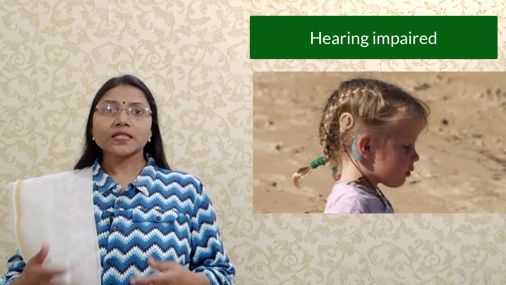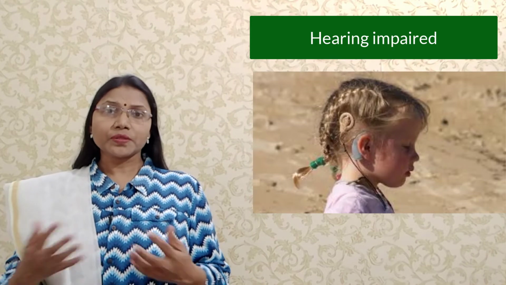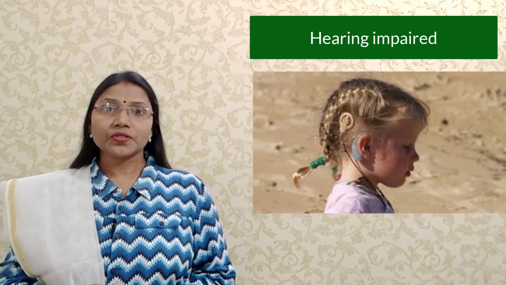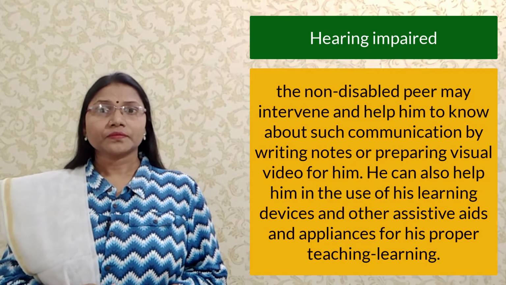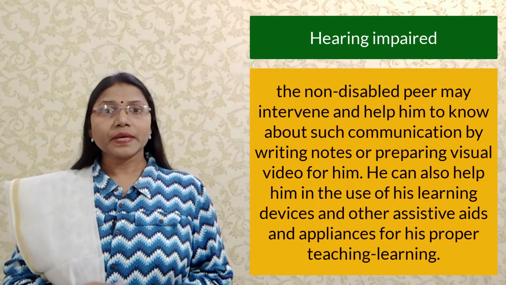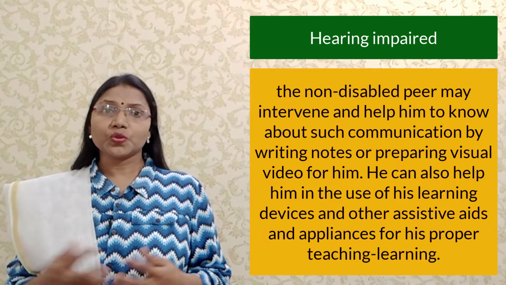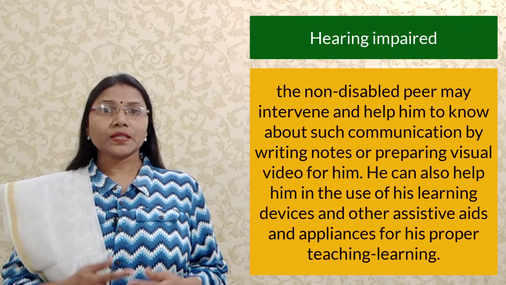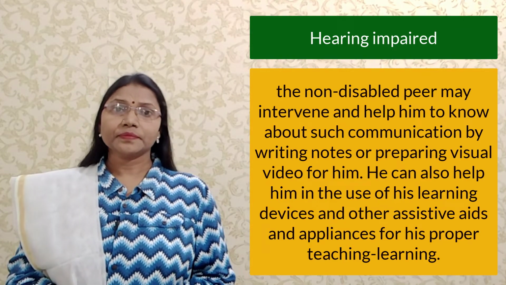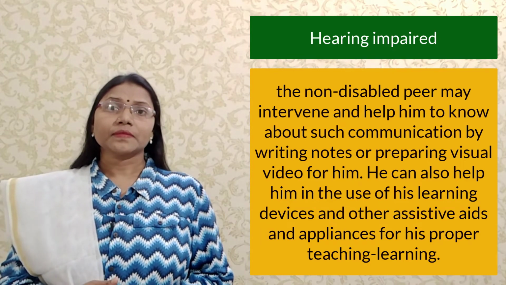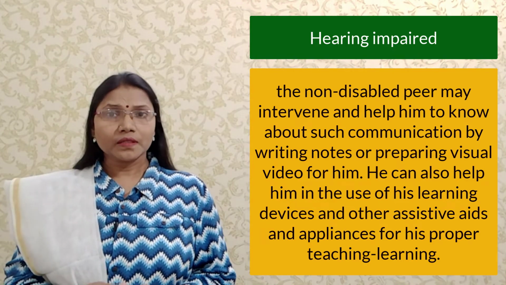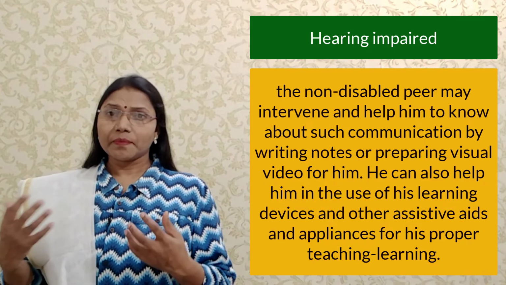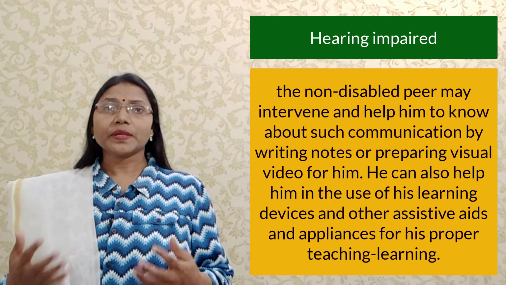Moreover, in case a hearing impaired child is not benefited through the oral communication provided by the teacher or instructor, the non-disabled peer may intervene and help him to know about such communication by writing notes or preparing visual videos for him. He can also help him in the use of his learning devices and other assistive aids and appliances for his proper teaching-learning.